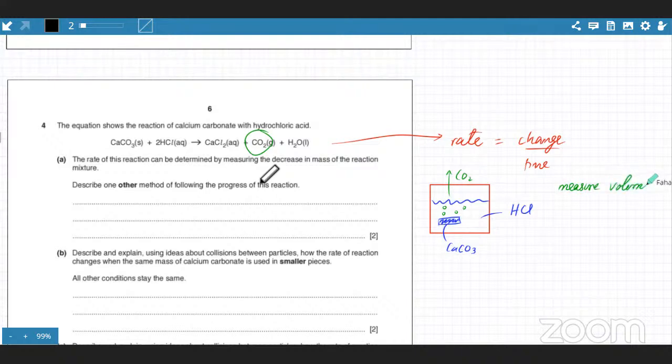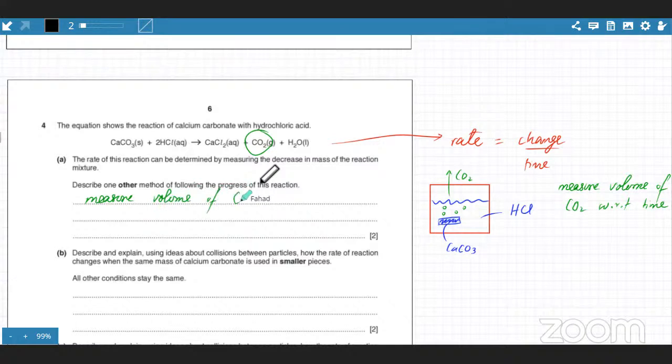That's one thing that you could do with respect to time. So measure the volume of CO2 that's being produced. So describe one other method: measure volume of CO2. And how can you measure the volume of CO2?